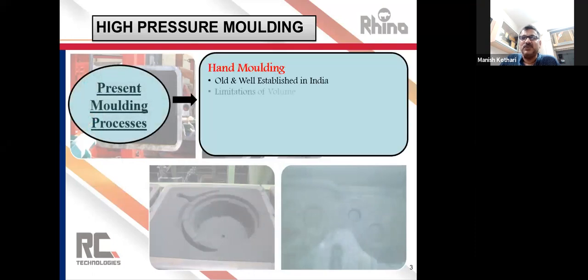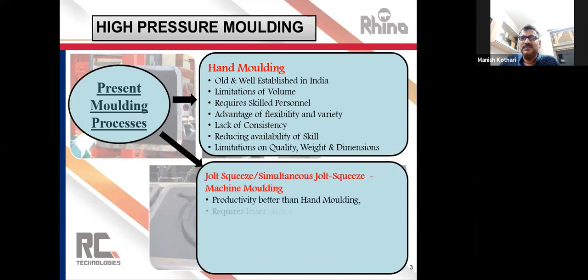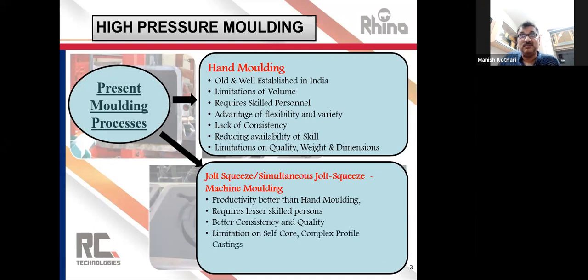First, we are aware of these processes, so I'll not take much time on each process. So these are the present molding processes which are available with us. Hand molding, because when I was presenting in Howrah at that time, and even today, there's still a lot of hand molding going on. It's very well established. There was a lot of skill available, but ultimately it requires skill.